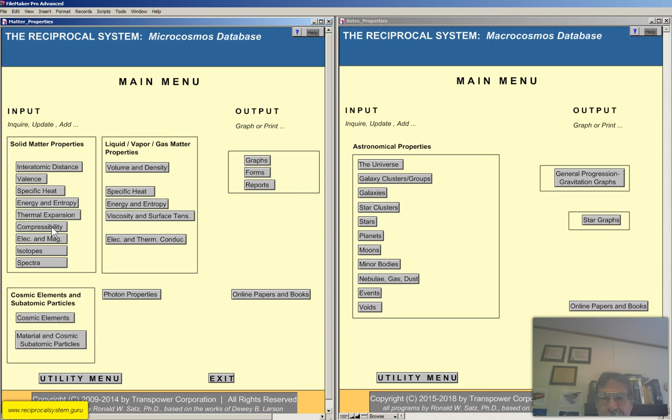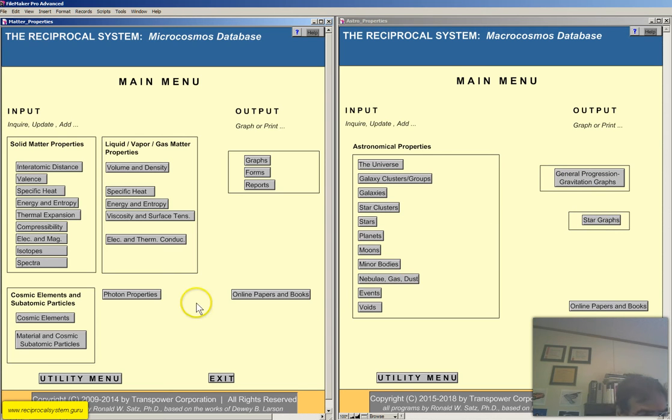So let's just hop over to the right side, the Macrocosmos database, and I'll just show you this. This covers the universe as a whole, galaxy clusters and groups, galaxy star clusters, stars, planets, moons, minor bodies, nebulae, gas and dust, events and voids, and it has a nice graphing program, including for the space-time progression and gravitation and star properties.